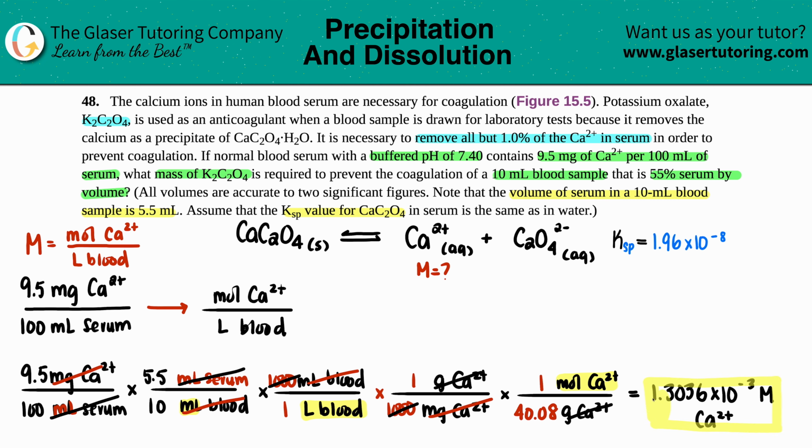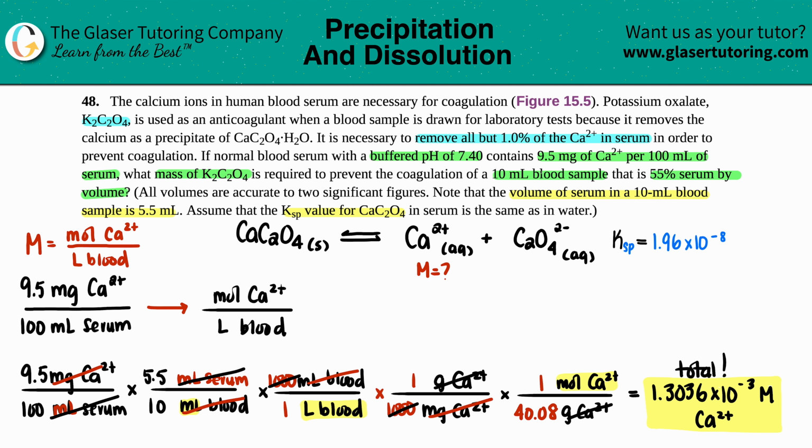We found out the total molarity. So, from the 9.5 milligrams that we started with before, the total molarity for that calcium is 1.3036 times 10 to the negative third molarity. Next part. Now remember, it says that we want to remove all but 1% of that calcium. So this is the total molarity.